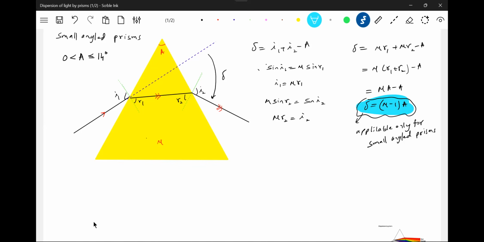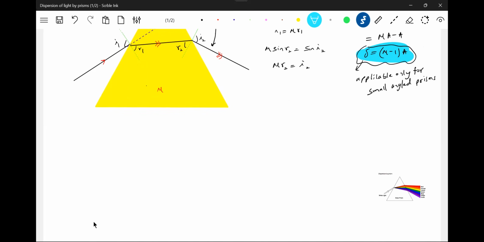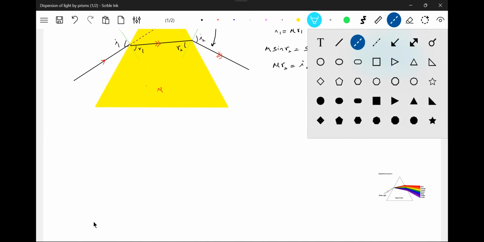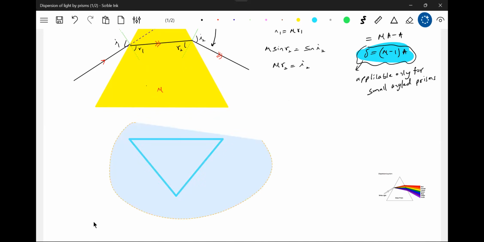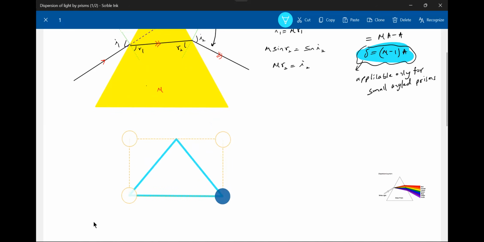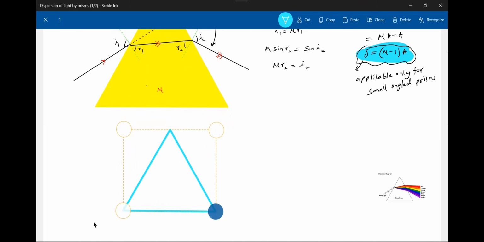Okay, fine. Next, if the prism is a hollow prism, then what conditions will come? This is the hollow prism.